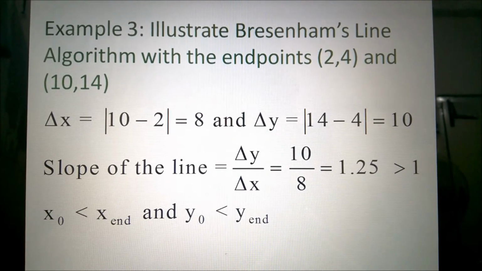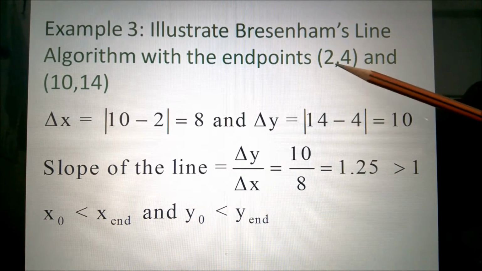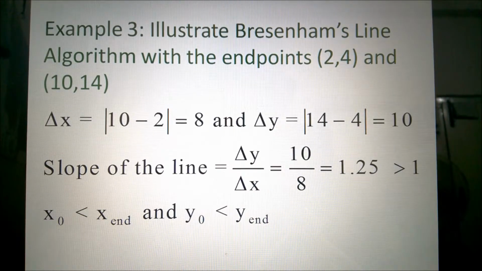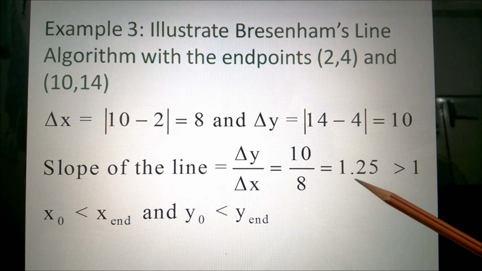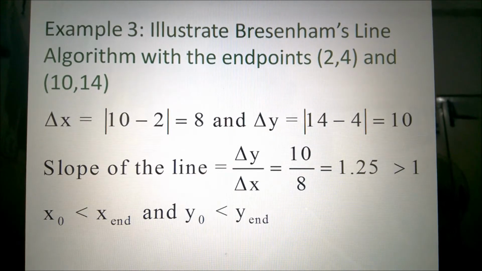Now we are taking another example. The starting point is (2, 4) and the ending point is (10, 14). Now we find delta x, delta y and the slope of the line, which is 1.25, greater than 1.